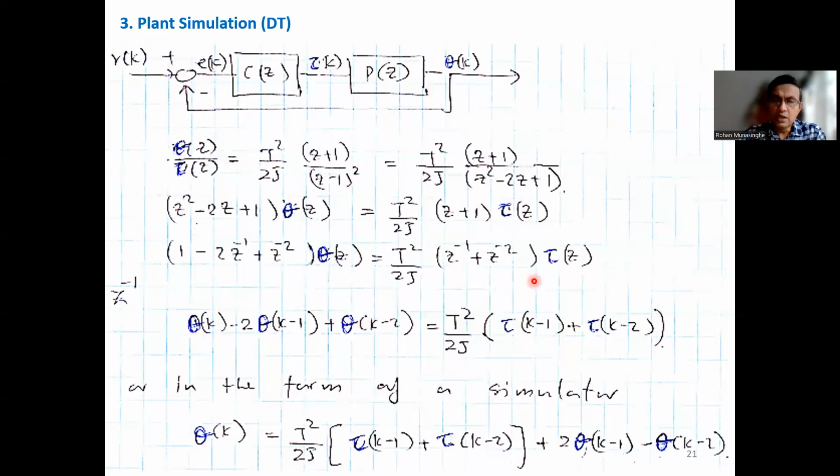On the right-hand side, you also have Tz with Z to the minus 1 as well as Z to the minus 2, which means the first one is the torque one step ago, and the second one, Z to the minus 2, means the torque 2 steps ago. Okay.